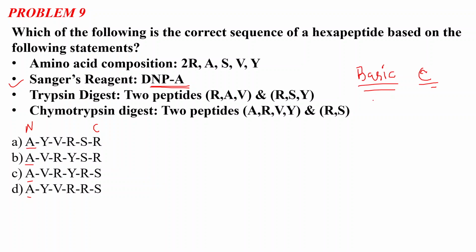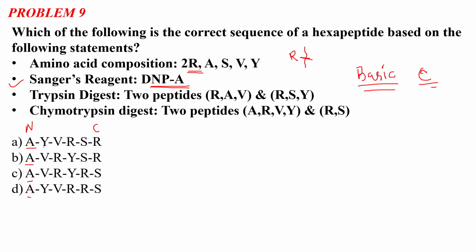The basic amino acids are histidine, arginine and lysine, and it will not cleave histidine because the basicity of histidine is less, but it will cleave at the C-terminal side of arginine, and also lysine. In this composition, R stands for arginine. So trypsin will cleave to the right side of the amino acid, like this.